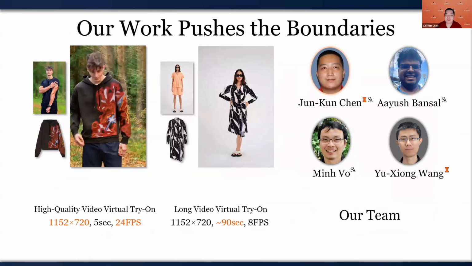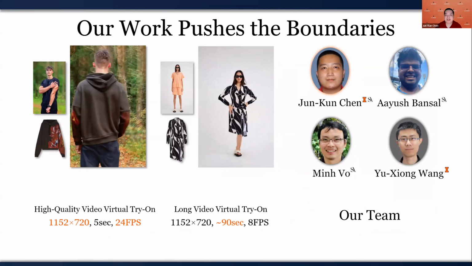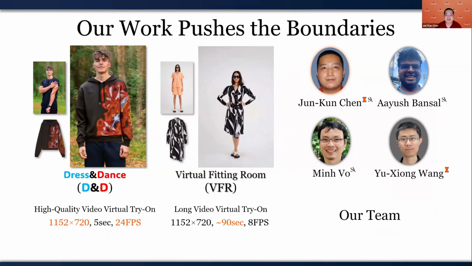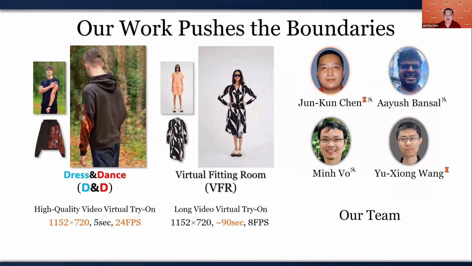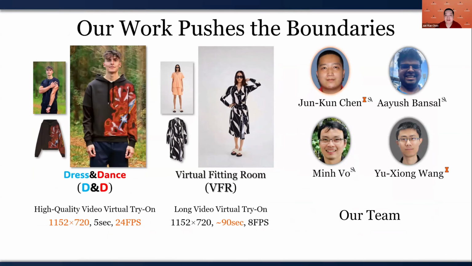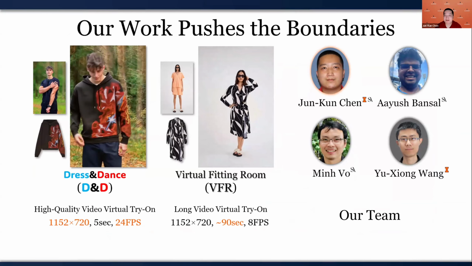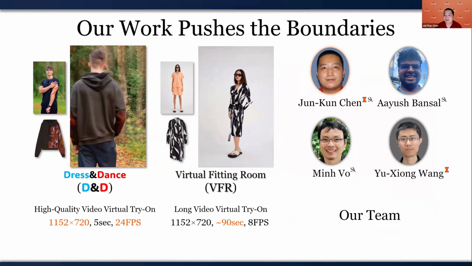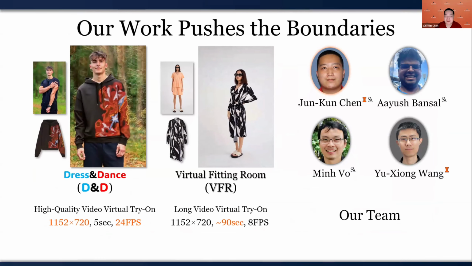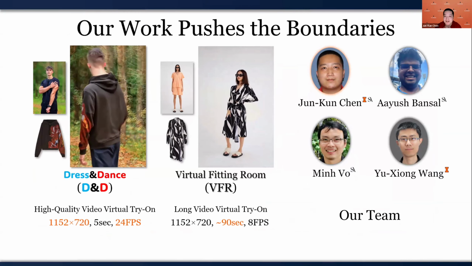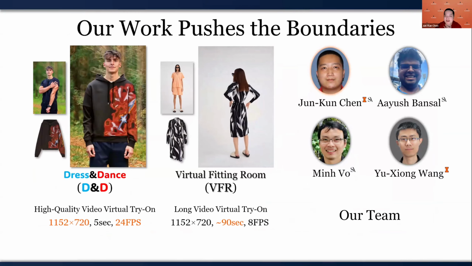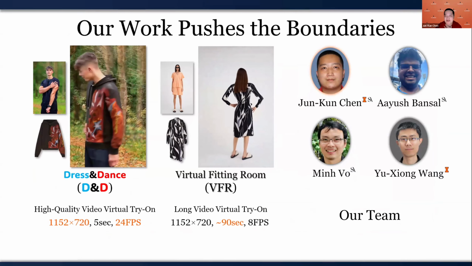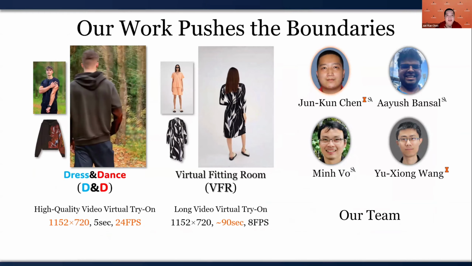These are achieved by our end-to-end virtual try-on video system, Tryon and Dance and virtual fitting. Notably, we are the first to enable virtual try-on in videos at high resolution and high frame rate, and also the first to generate minute-long try-on videos. Our results surpass SOTA image-based methods, achieving SOTA in both image and video try-on.